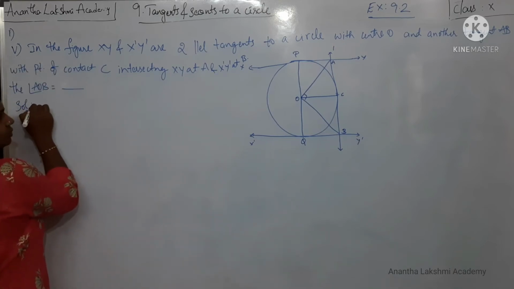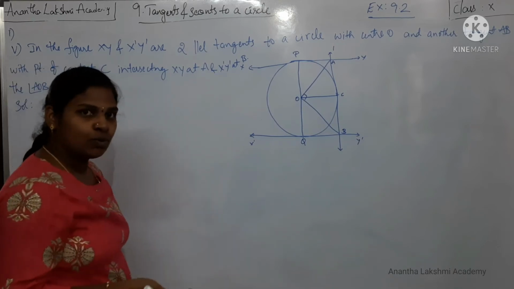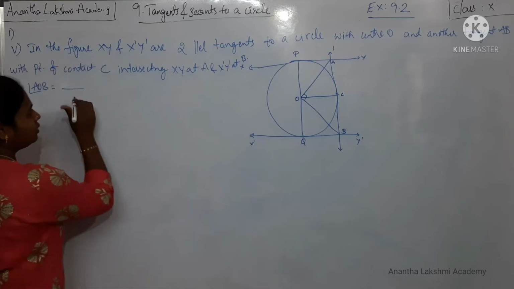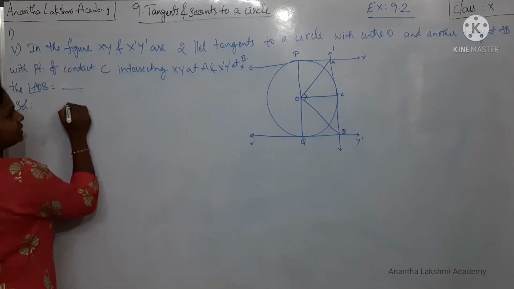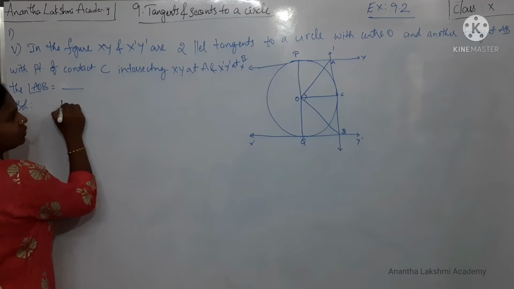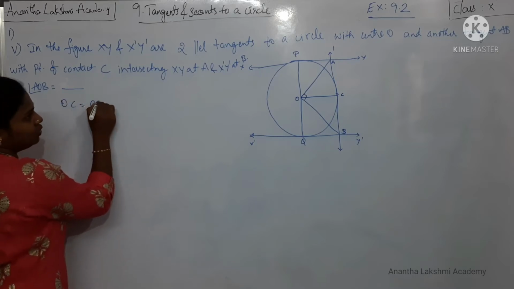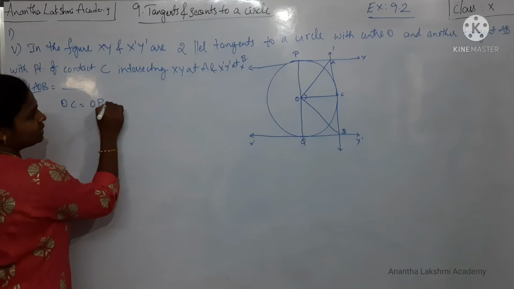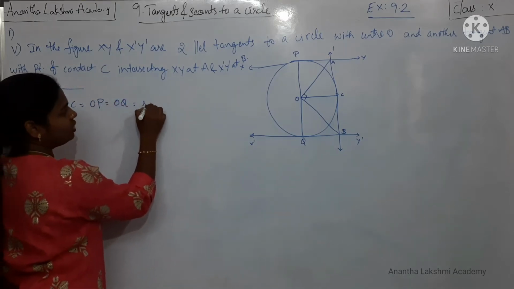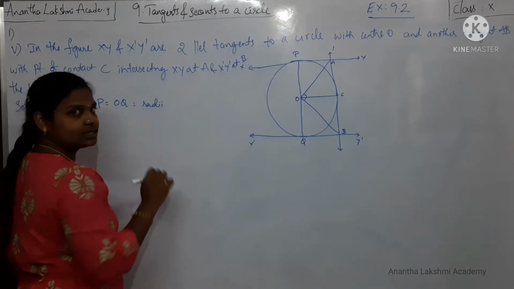The solution. First we will note what we know. So we joined OC now. First we know that OC is equal to OP is equal to OQ. These are all nothing but the radii of the circle.